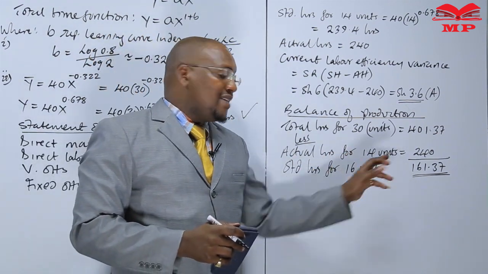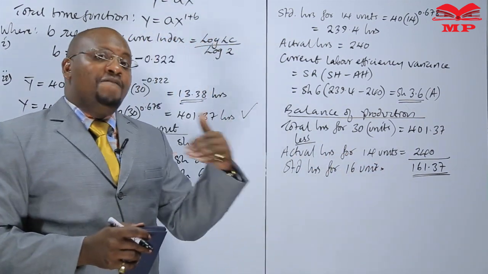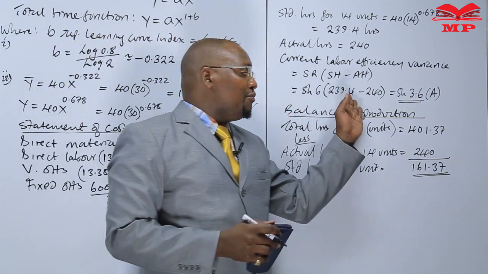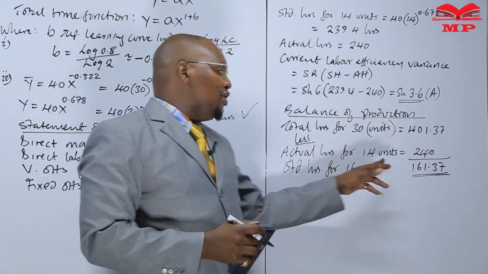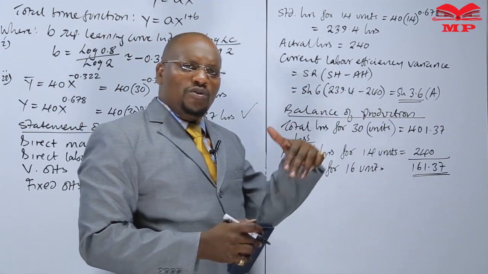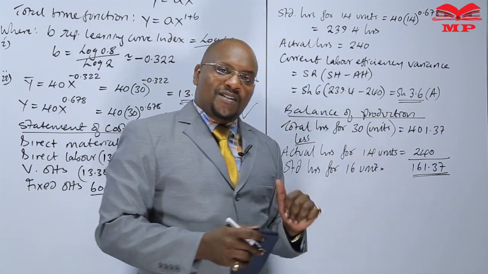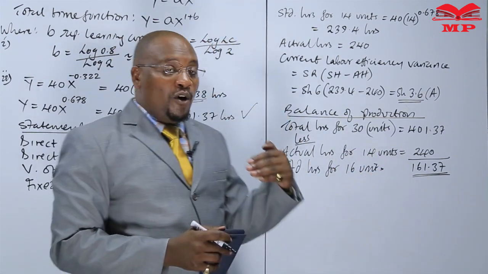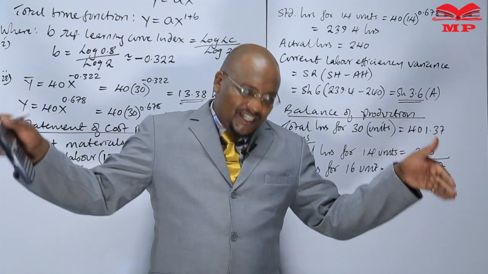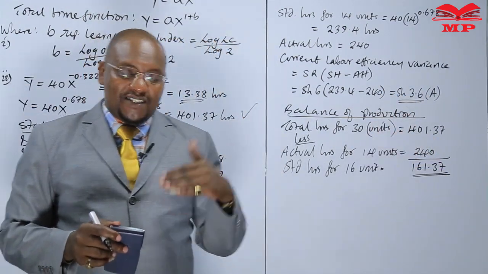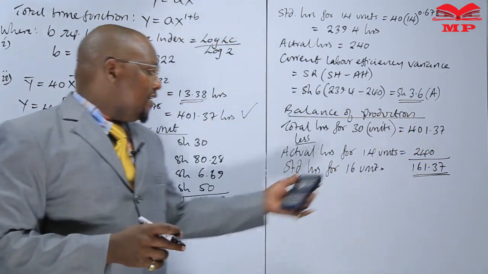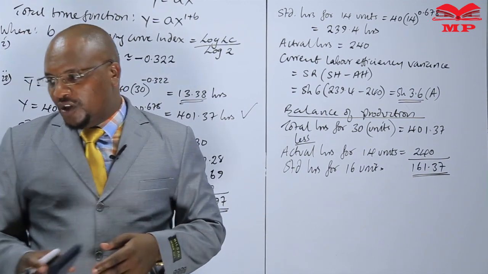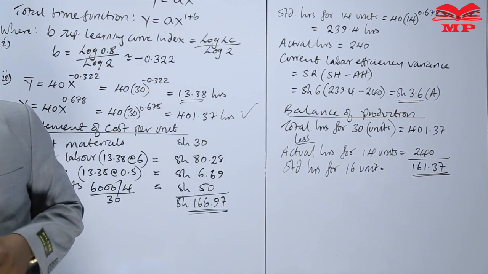Should we surpass this, we are going to have an adverse variance. We have recorded an adverse variance already of 0.6. We may report more if we use more than 161. But should we use less than 161 hours, automatically we are going to report a favorable variance. Ultimately, it may be favorable or adverse depending on the second production of 16 units. That's all about this question.